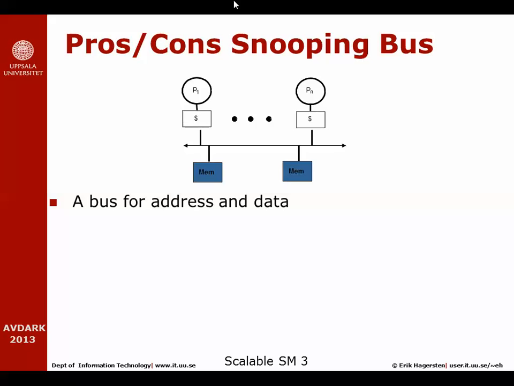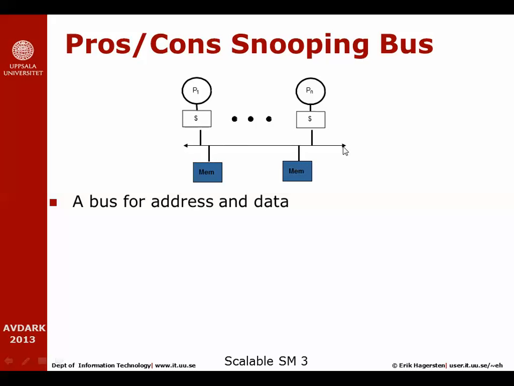So here we have a picture of a snoopy system. The processors in this picture are at the top, connected to their caches, and all the caches are connected together, as well as to the memory controllers, using some kind of snoopy cache coherence bus.